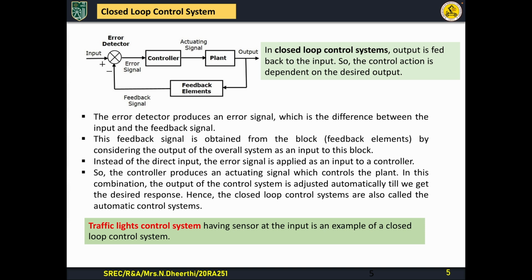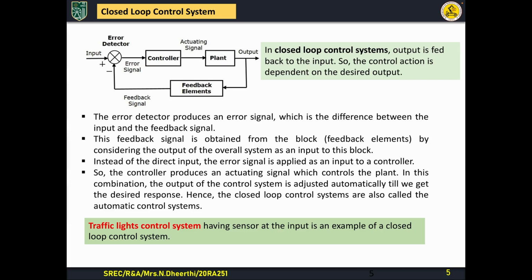Not only the input, you will get an error signal from the feedback signal. The error detector will give an error signal to the controller. Then the controller, based on that error signal, will give an actuating signal to the plant. Again, the plant represents a system, and based on that you will get an output.